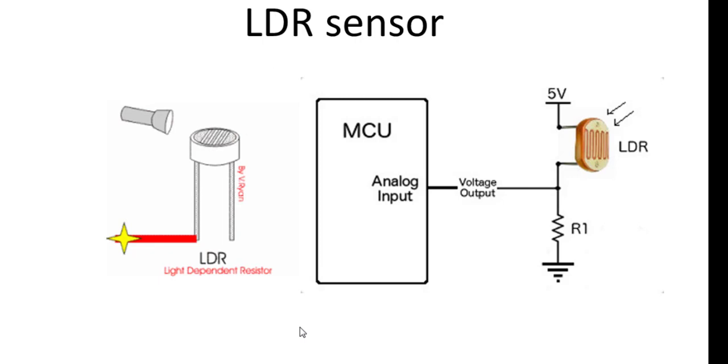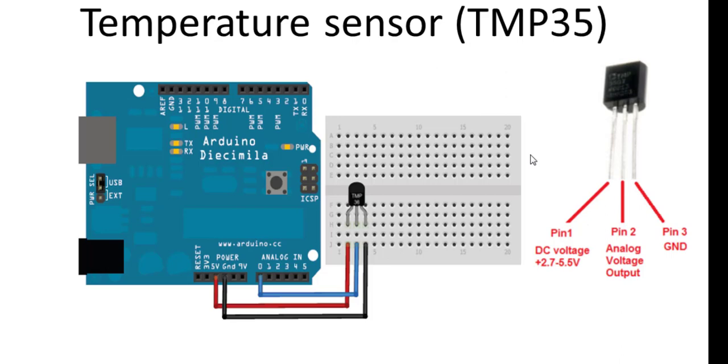For interfacing the LDR, we have to make a voltage divider circuit over here, and this one is the LDR. We get the output from over here and send it to an analog pin of the microcontroller, where we can read the variable voltage converted from the variable resistor. As light falling on the LDR increases, the resistance value decreases.